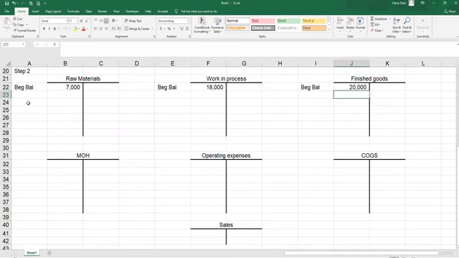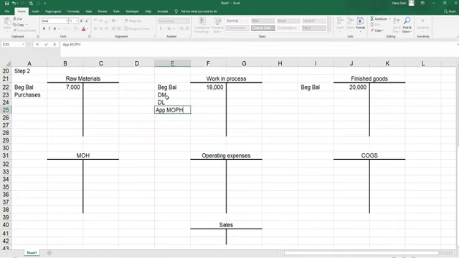We know for raw materials, purchases will cause raw materials to increase. Work in process, we add direct materials, direct labor, and the total applied manufacturing overhead. Those are the only three things that are added to work in process.